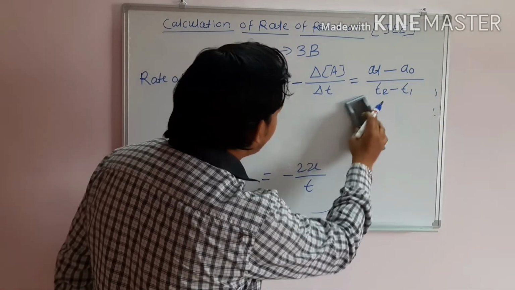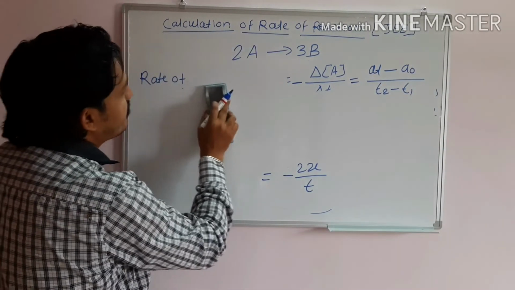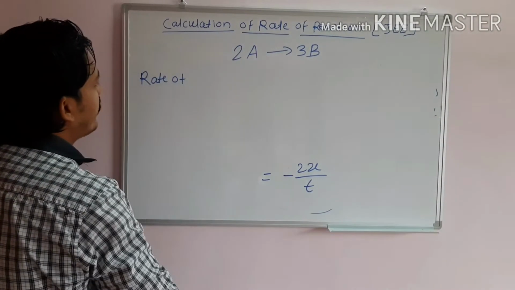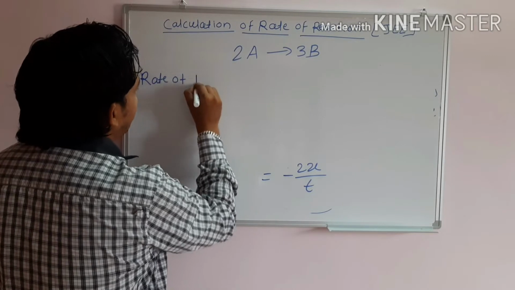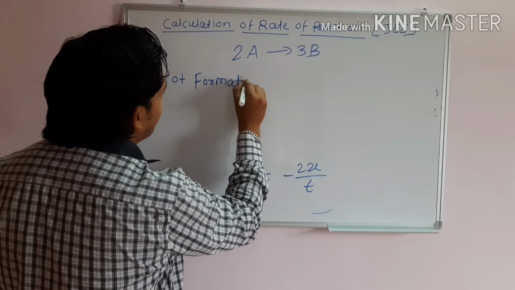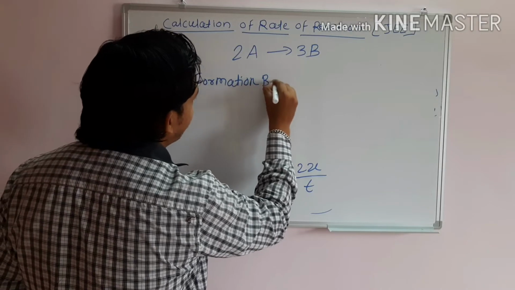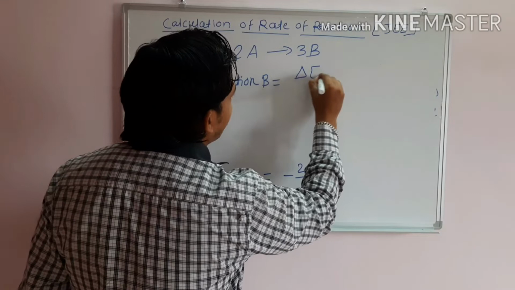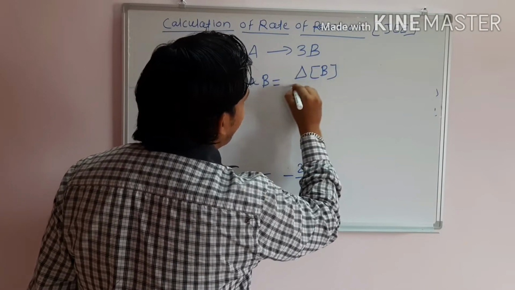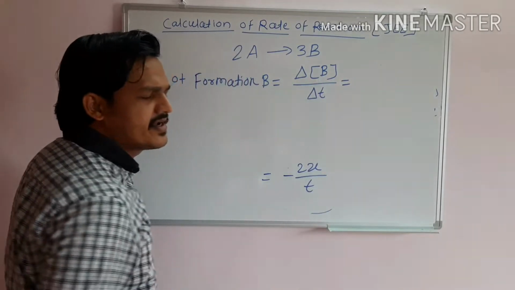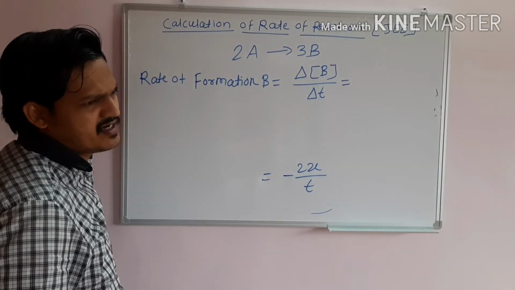Now, rate of formation of product B. What is the value of it? Delta B divided by delta T. Delta B indicates B2 minus B1, that is final minus initial.